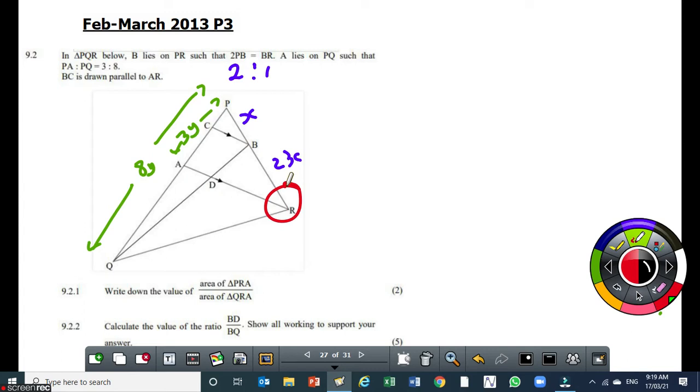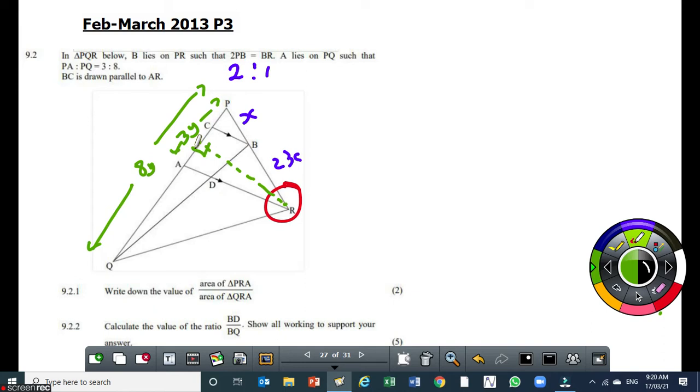Okay? So if I want to draw their height, I can draw it from here. I can draw it like that. That can be the height of both of them. It's a common height. Therefore, my two bases are going to be PA and QA.